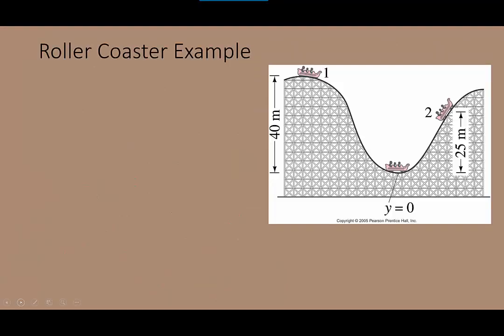Okay, let's take a look at an example here about a roller coaster. We have a roller coaster that starts up here at position 1, a height of 40 meters above the lowest point of the roller coaster track. However, when it gets up to the other side, it momentarily stops here at a height of 25 meters.